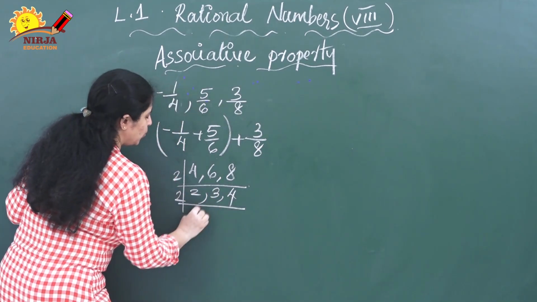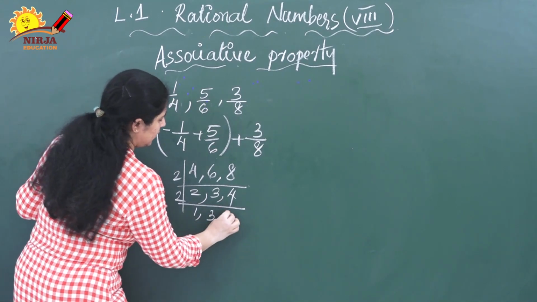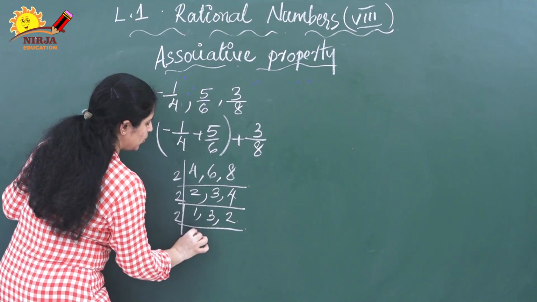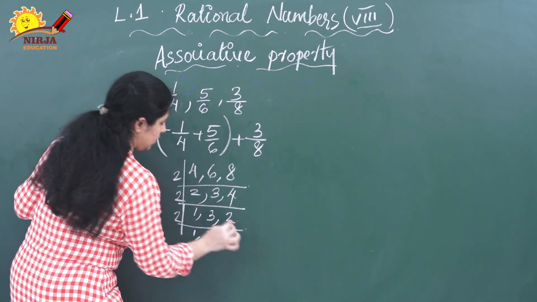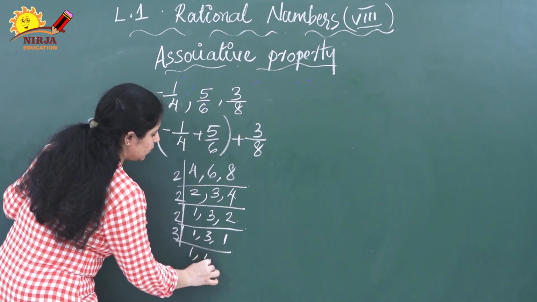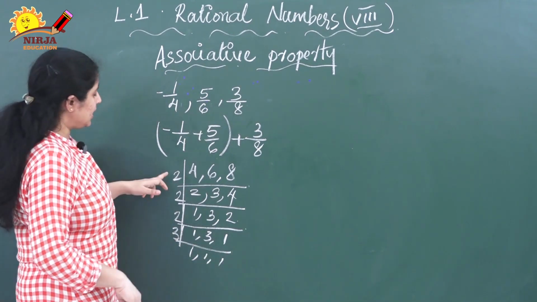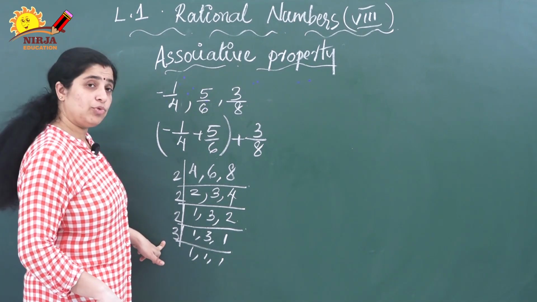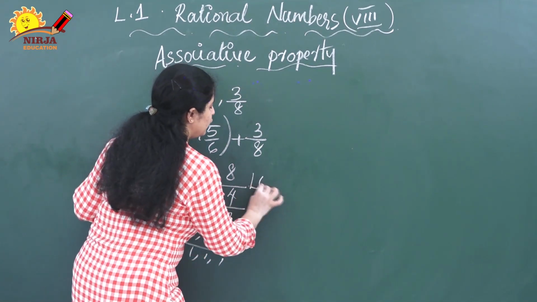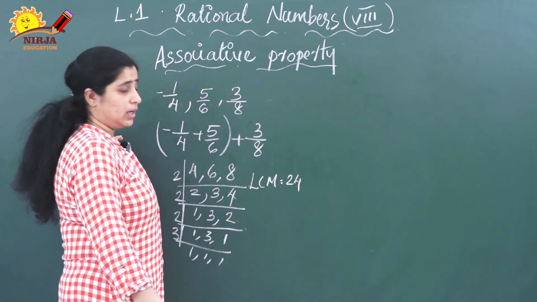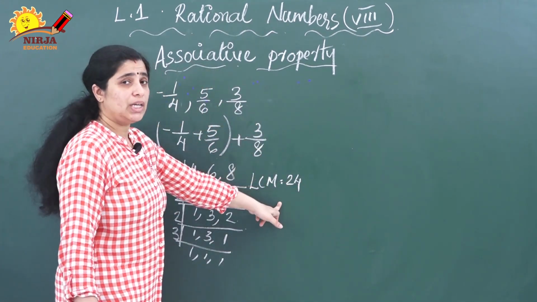Again by 2: 1, 3 and 2. Again by 2: 1, 3, 1. Again by 3: 1, 1, 1. Then the LCM will be 2 2s are 4, 4 2s are 8, 8 3s are 24. LCM is equal to 24.